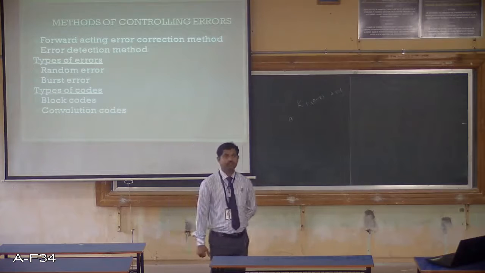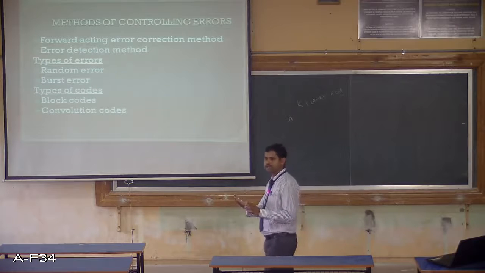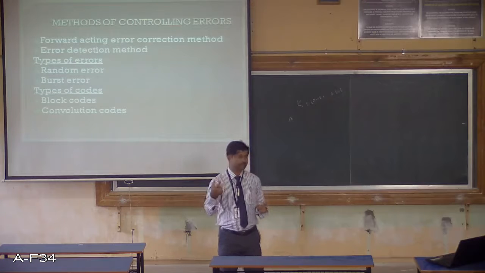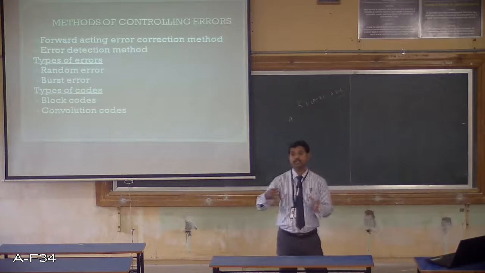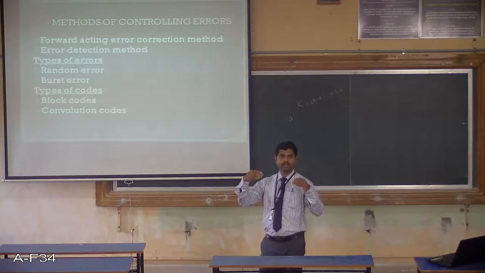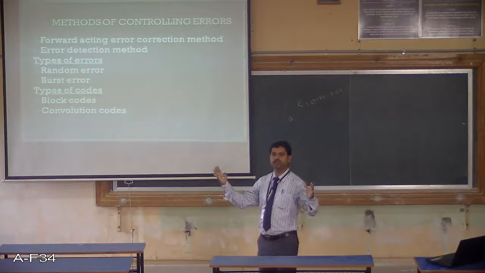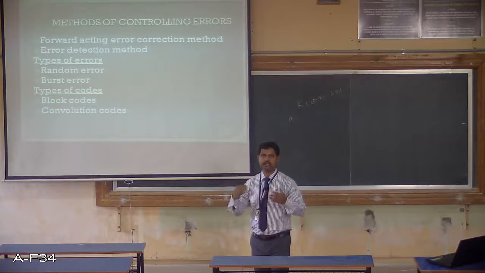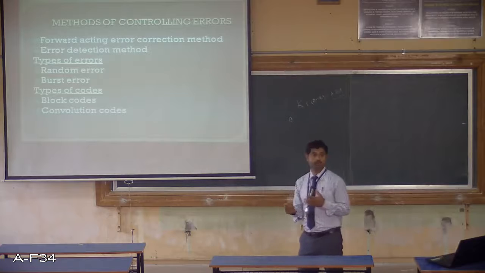The first one is block codes, where a certain number of additional bits are added. In a linear block code, we use n minus k check bits. A certain set of bits will be added to the existing k information bits to form the n-bit code words. So a block of bits gets added, and we call those block codes.